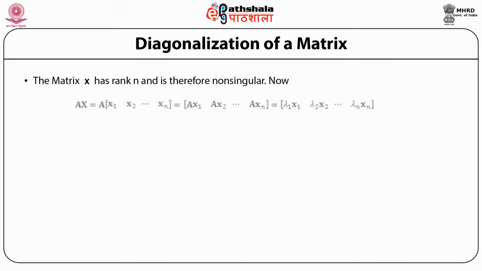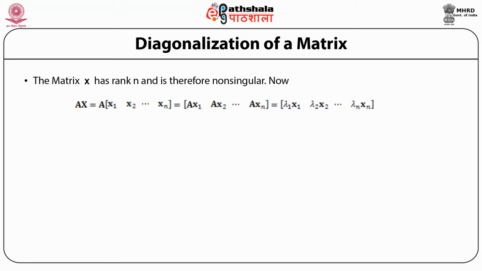Now, A times X is equal to A into the row matrix with the elements x1, x2 and so on till xn, which is the matrix with elements A times x1, A times x2 and so on till A times xn. This equals the matrix with the elements lambda 1 x1, lambda 2 x2 and so on till lambda n xn.